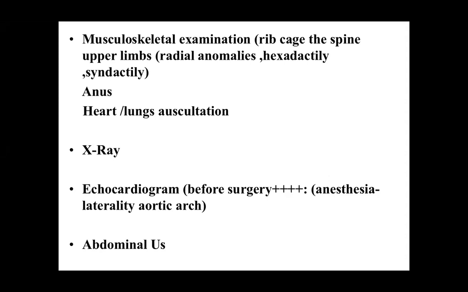The echocardiogram is very important, and it should be done before the surgery. This is very important for 2 reasons. First of all, for anesthesia considerations, but also to check the laterality of the aortic arch. Usually, the aortic arch is situated on the left side.